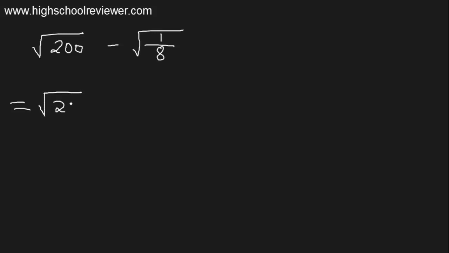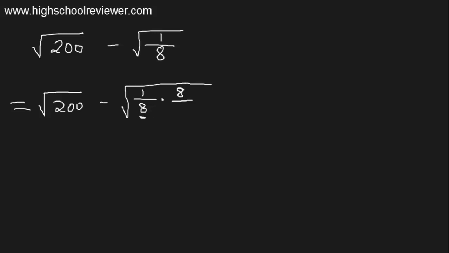Our next problem, we will have the square root of 200 minus the square root of 1/8. So to solve this, we have square root of 200 minus square root of 1/8. We will multiply this by a fraction wherein the numerator and the denominator would be the same as our denominator here.